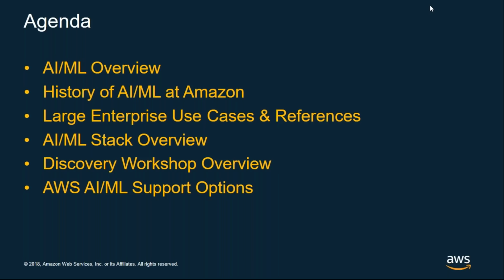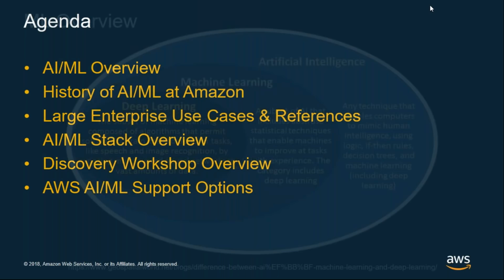And then we'll also take a look at the AWS machine learning and AI stack to help understand the technologies that we've brought to market for our customers. And then we'll wrap up with a little bit of discussion around some of the customer support activities that AWS is able to provide to our customers in this machine learning space.